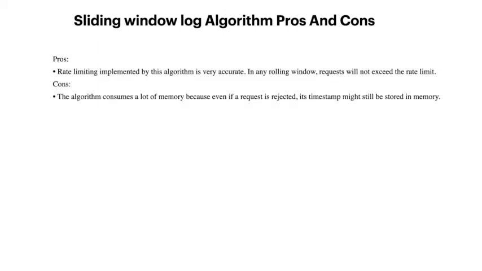Rate limiting implemented by this algorithm is very accurate. In any rolling window, requests will not exceed the rate limit. This is a pro. What is the con? The algorithm consumes a lot of memory, because even if a request is rejected, its timestamp might be stored in memory, as I said in the previous slide.